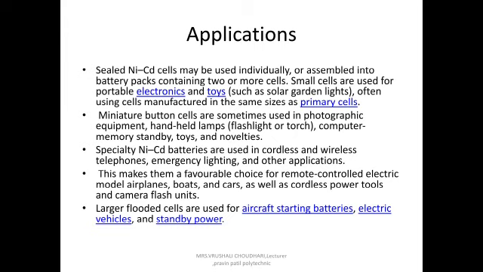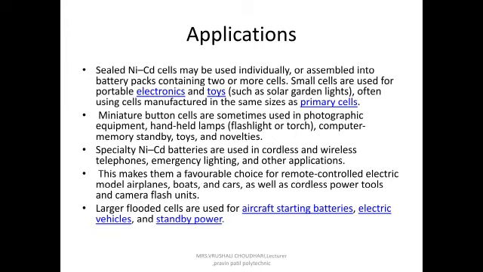Miniature button cells are sometimes used in photographic equipment, handheld lamps, flashlights, torches, computer memory standby, toys and novelties. Specialty nickel cadmium batteries are used in cordless and wireless telephones, emergency lighting and other applications.